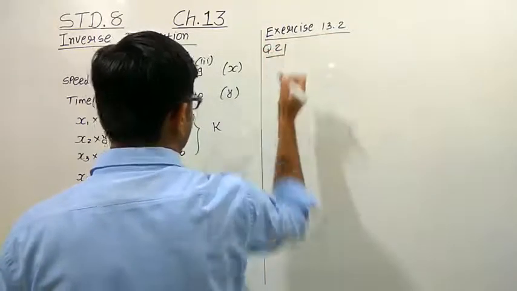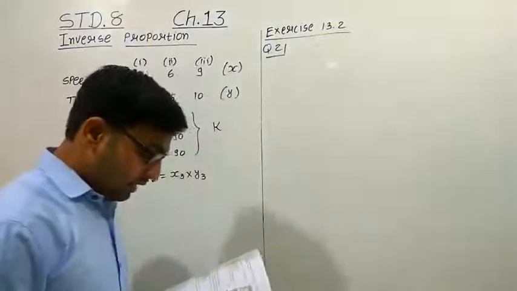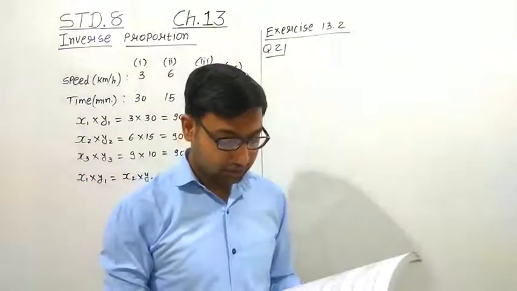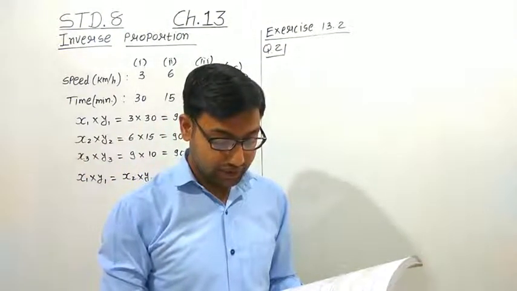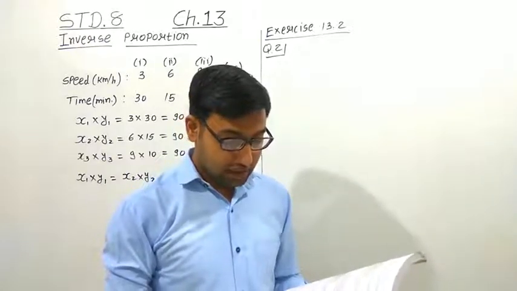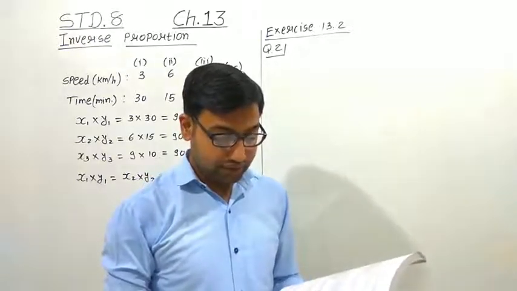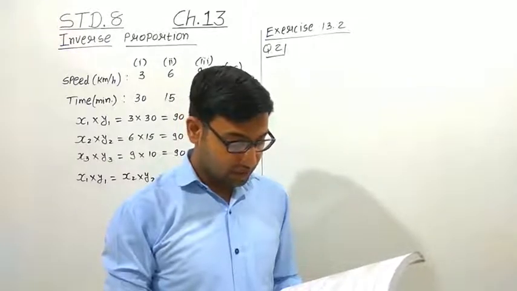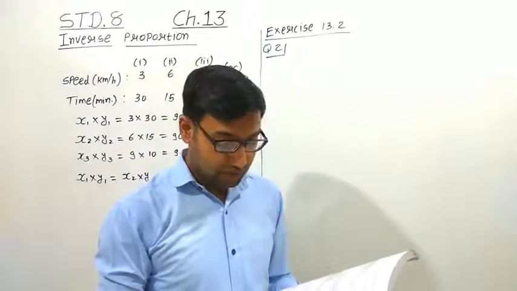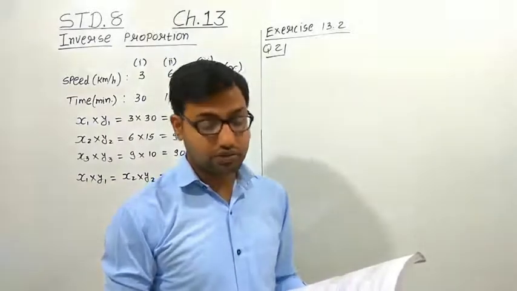Question number 2. In a television game show, the prize money of rupees 1 lakh is to be divided equally among the winners. Complete the following table and find whether the prize money given to an individual winner is directly or inversely proportional to the number of the winners.